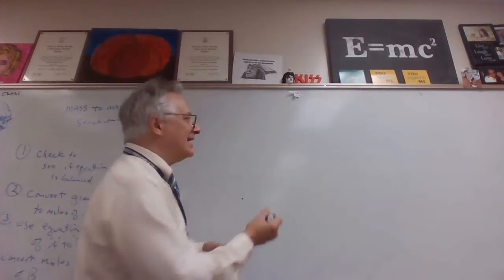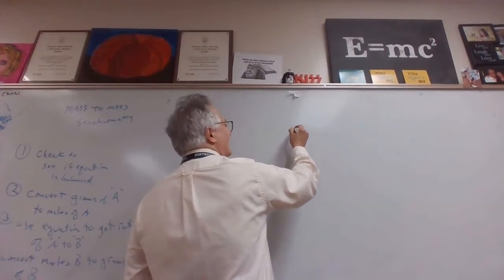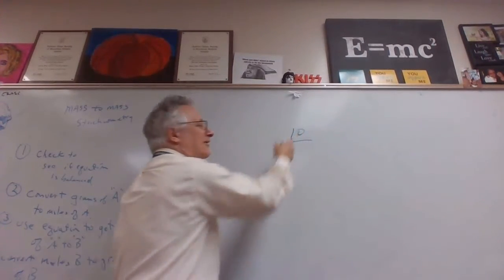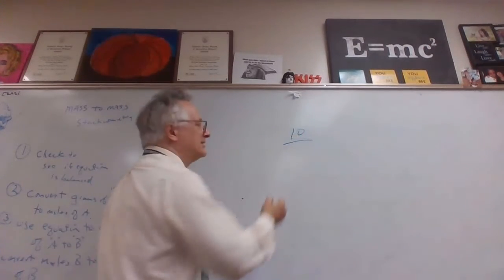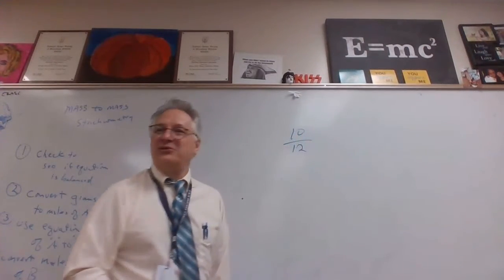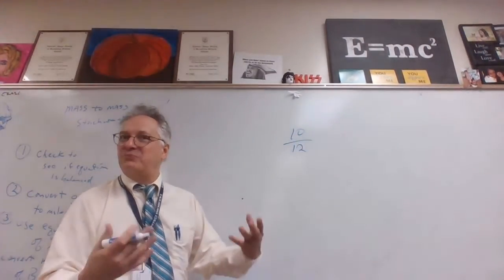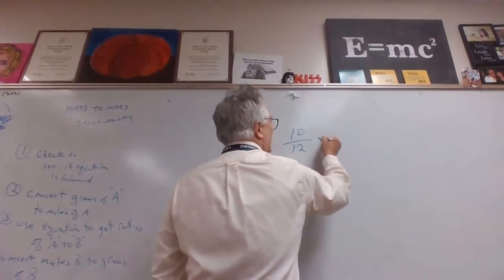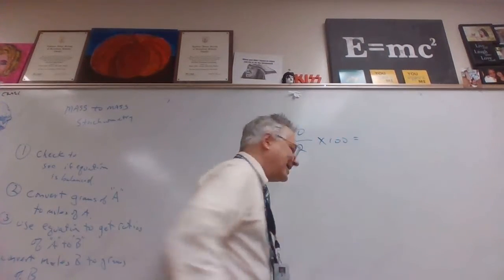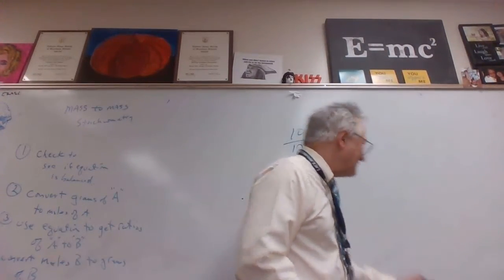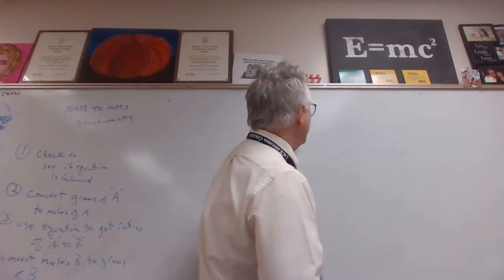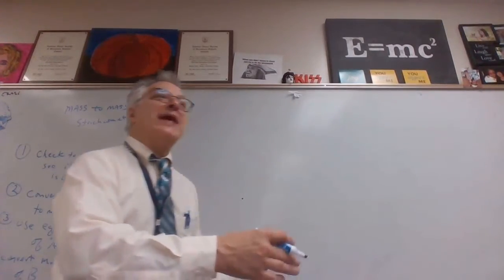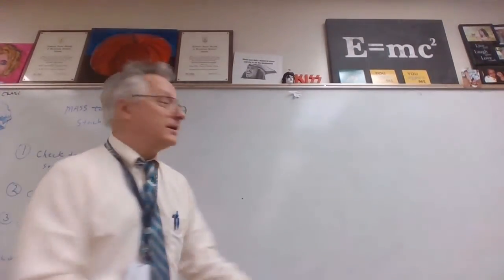So your percent yield would just be your actual amount divided by your predicted amount times 100. Okay. So the same thing with chemistry. Percent yield, you get a theoretical amount from your calculations.